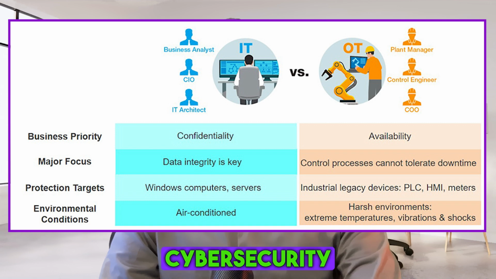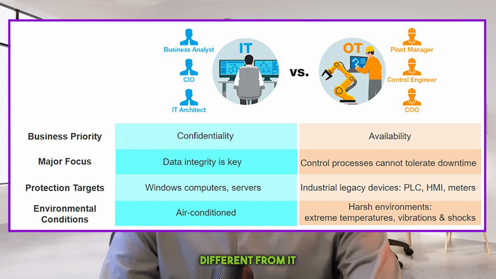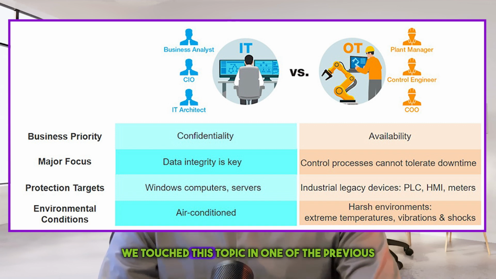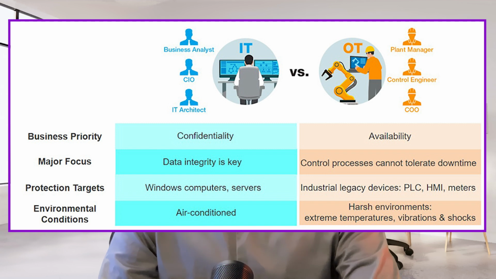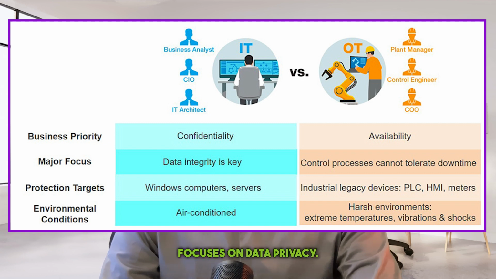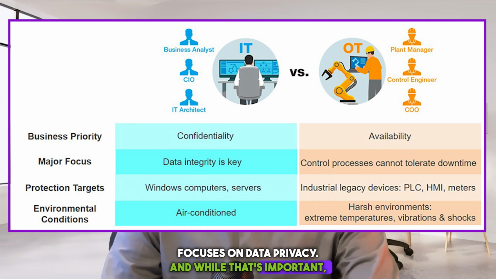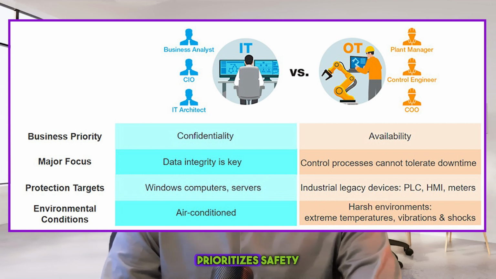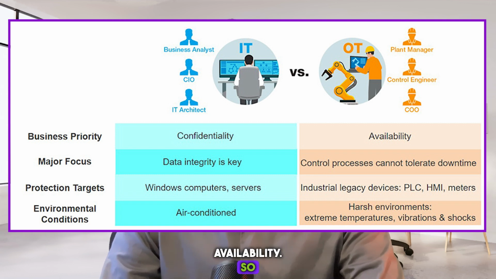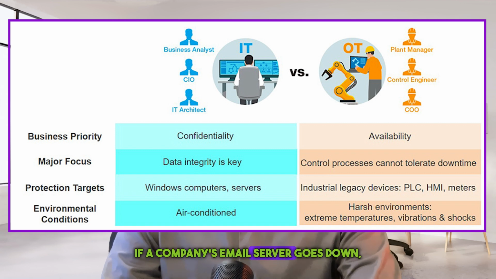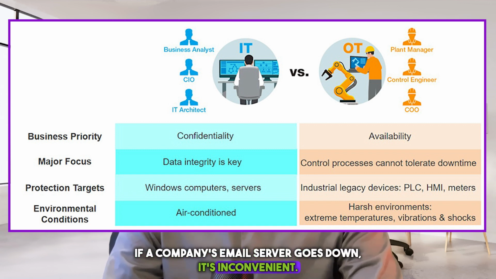Now, let's address the elephant in the room. How is OT cybersecurity different from IT cybersecurity? We touched on this topic in one of the previous videos, but to emphasize it again, IT security focuses on data privacy, and while that's important, OT security prioritizes safety and availability. So, if a company's email server goes down, it's inconvenient.